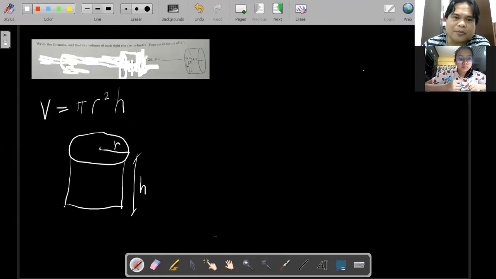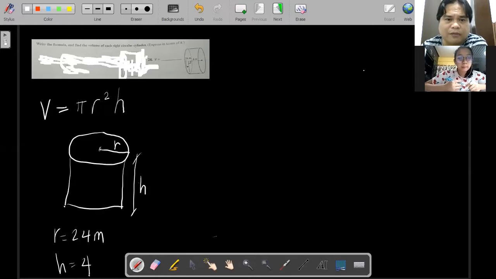Now in our particular example the radius is given, which is r equals 24 meters, and the height is what? 4. Am I correct? Yes. Okay.